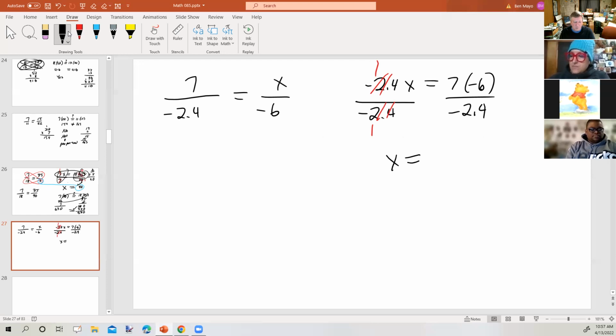Now, as far as pre-reducing is involved, when there's decimals, I recommend not doing the pre-reducing because it gets tricky as to where the decimal point would be. So I'm going to take this out. This is going to be -42 divided by -2.4. Negative divided by negative is positive, right? So my answer is going to be positive, and I've got 42 divided by 2.4. I dropped my negative signs because negative divided by negative is positive.